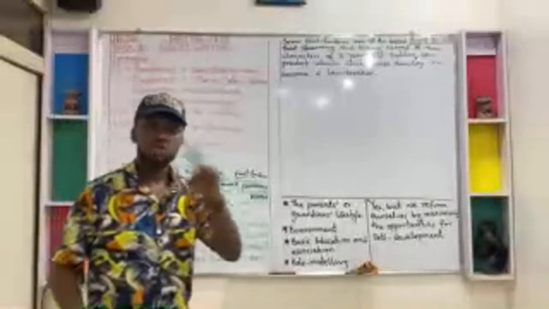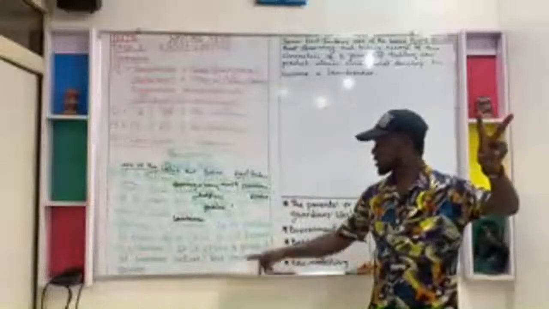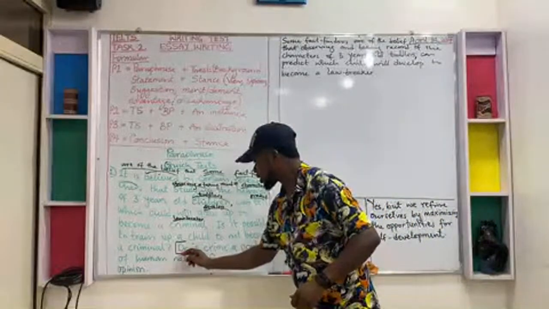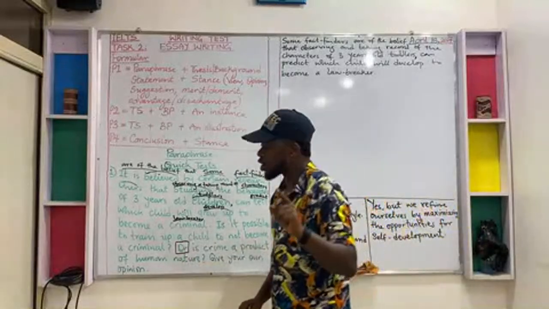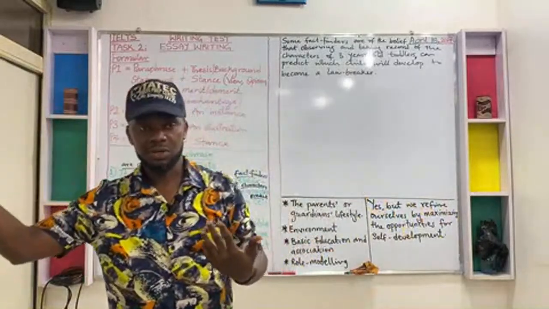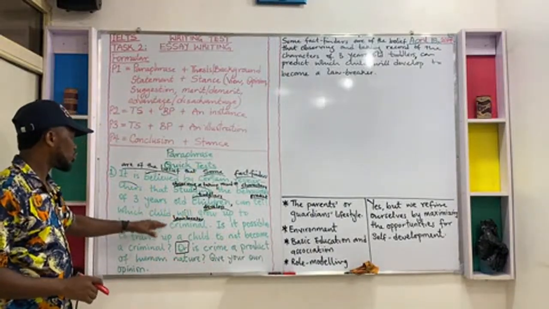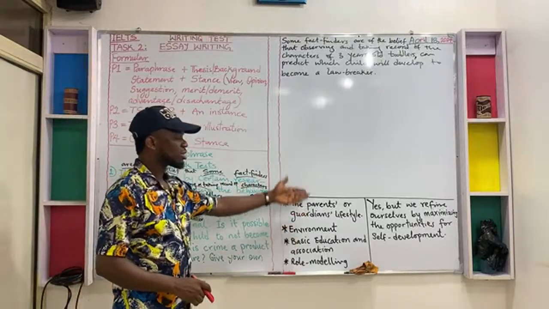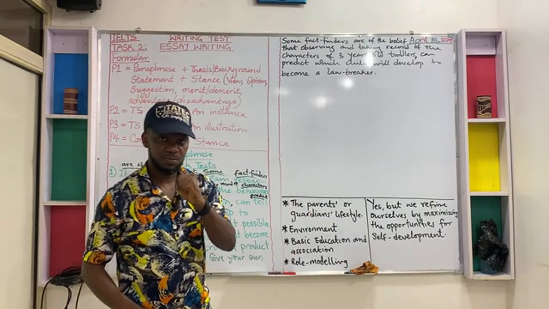No, you are not. You are not to treat the two issues here, because there is a big word here called or. So or means either you go for this or you go for that. So if you feel it is possible to train up a child to not become criminal, draft out 2 or 3 or 4 strong points.